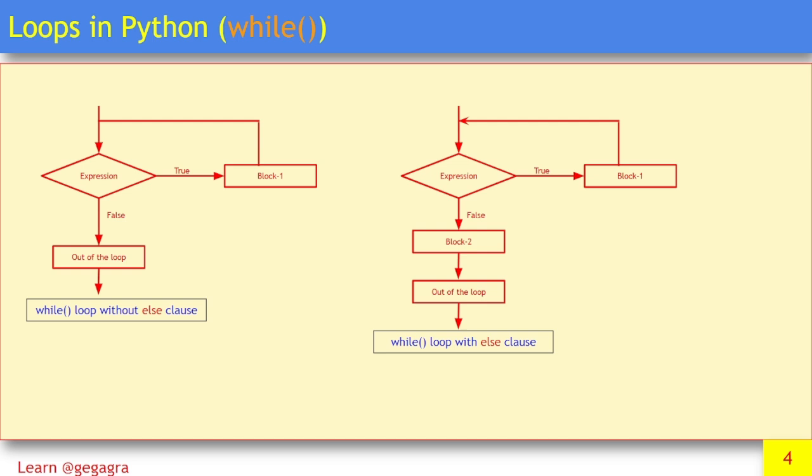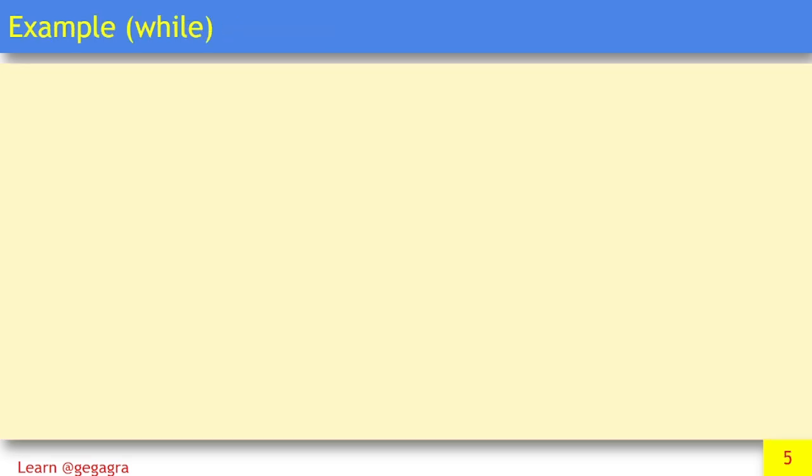And suppose when it enters the while loop and it finds the condition false, then it comes to block 2. So it performs block 2 and goes out of the loop. So this is the diagram of the flowchart with else clause. So let's take an example so that we can understand the while construct easily.